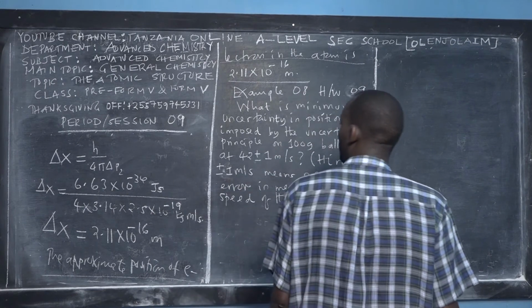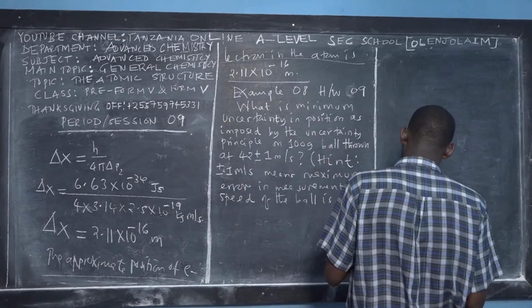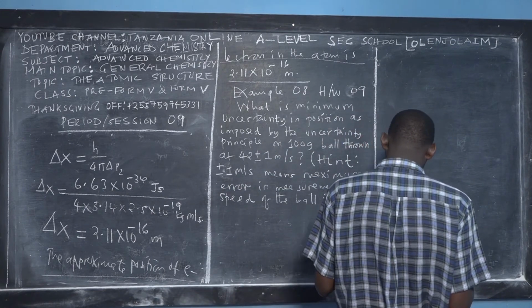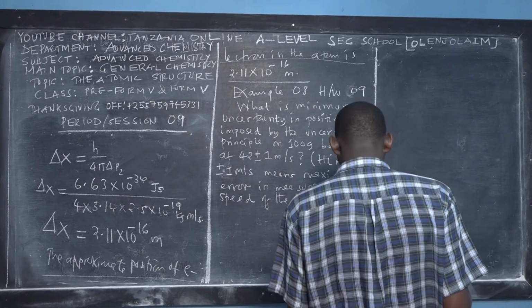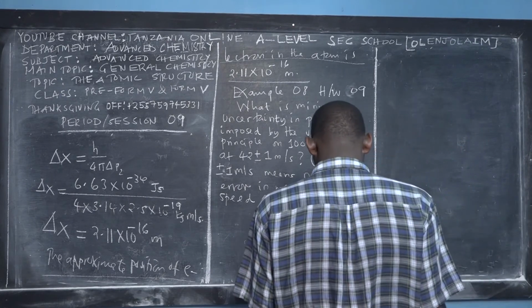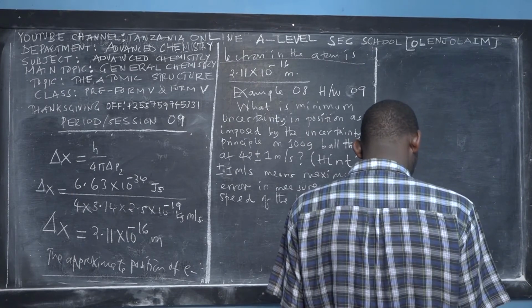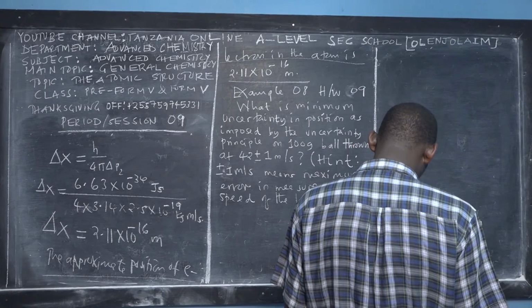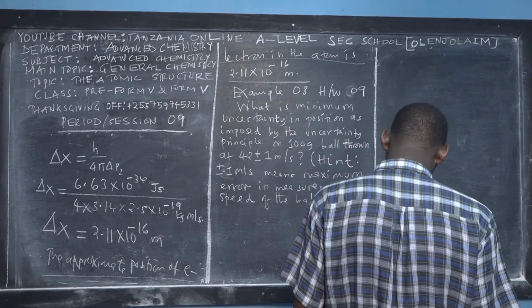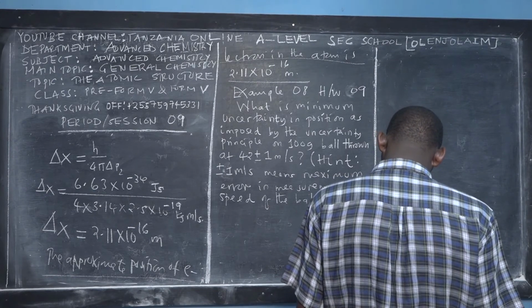Okay, so then let us go to another concept which is very important for the atomic theories. When we take that concept, we'll then have something a little bit different.